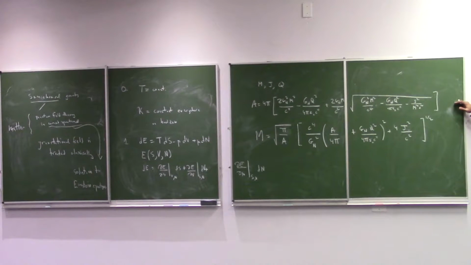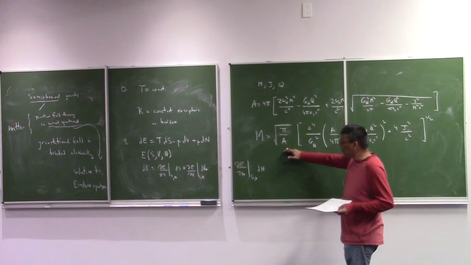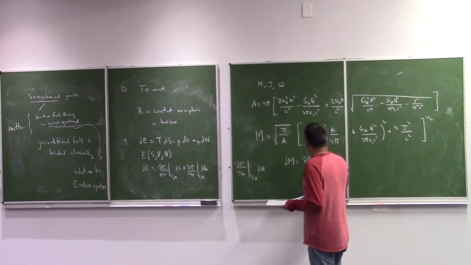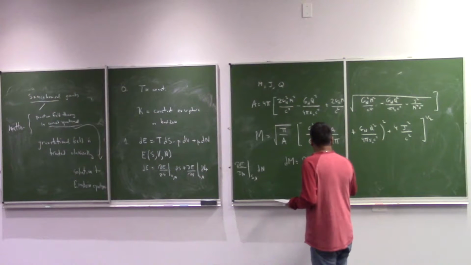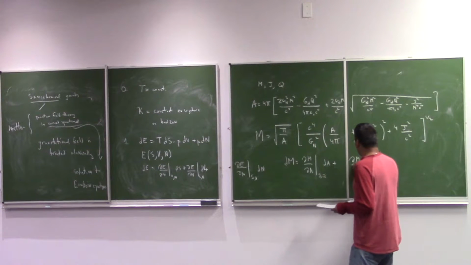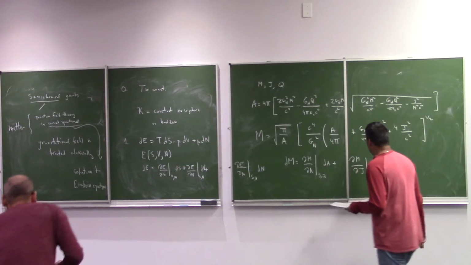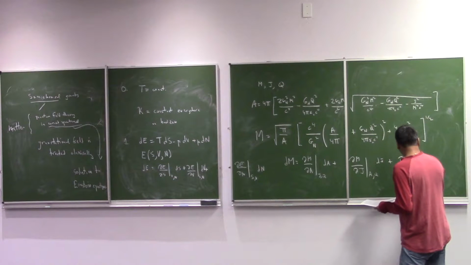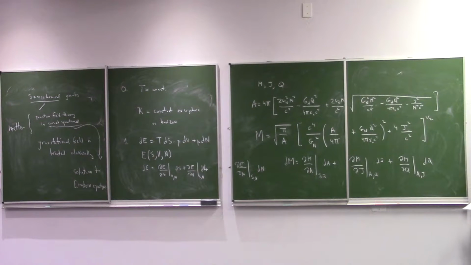So you can do the algebraic manipulation to write mass in terms of area, charge, and angular momentum. Now, given this expression, we can write dM is (∂M/∂A) at constant J and Q, dA, plus (∂M/∂J) at constant A and Q, dJ, plus (∂M/∂Q) at constant A and J, dQ.